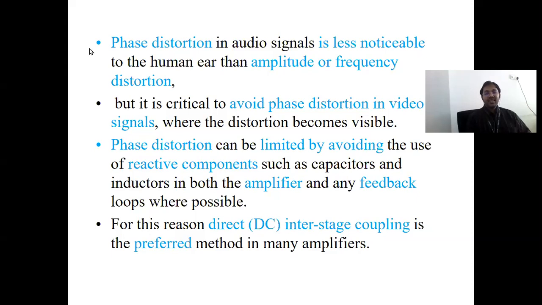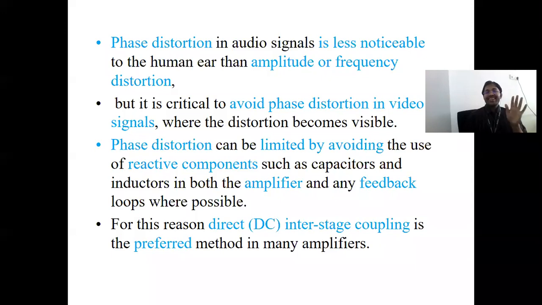But in a video signal, whenever you have a phase shift, the distortion becomes visible. Why? Because you are giving the signal to, for example, an LED display. When you have a phase shift, the signal might move to the neighboring LED, in your LED TV.